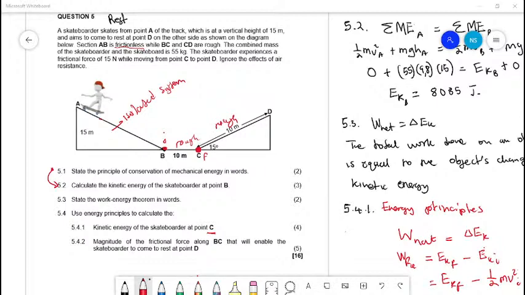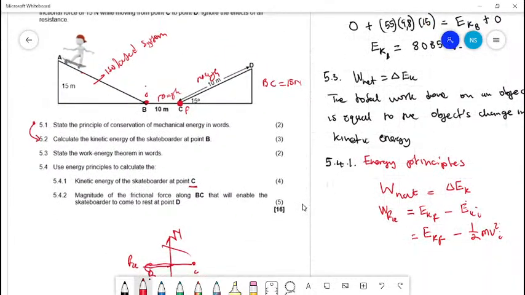Okay, so one thing also, I was checking the errata. So the kinetic friction acting from point C to D is the same as the one from B to C, right? So from B to C, also there is a 15 Newton force acting that way, right?